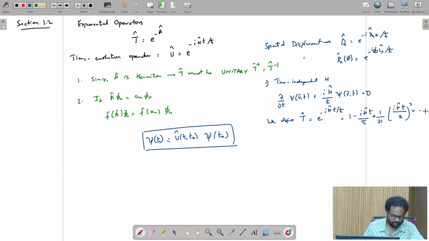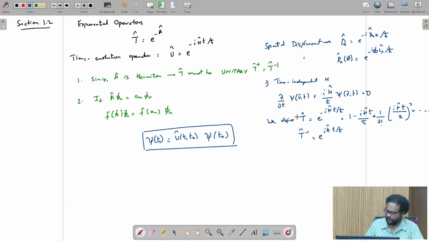So forth, right? Now I can also write the inverse. You can verify if the operator satisfies the two properties of exponential operators, and it does.